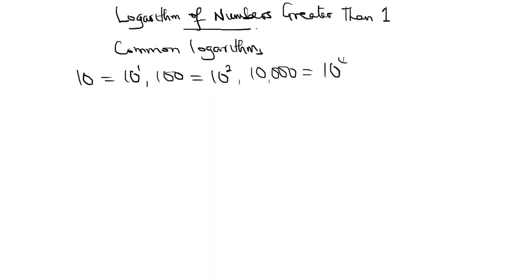And that's how we have it. These powers of 10 are called logarithm to base 10. That is, we can have a number in this form: 10 raised to the power of its logarithm.